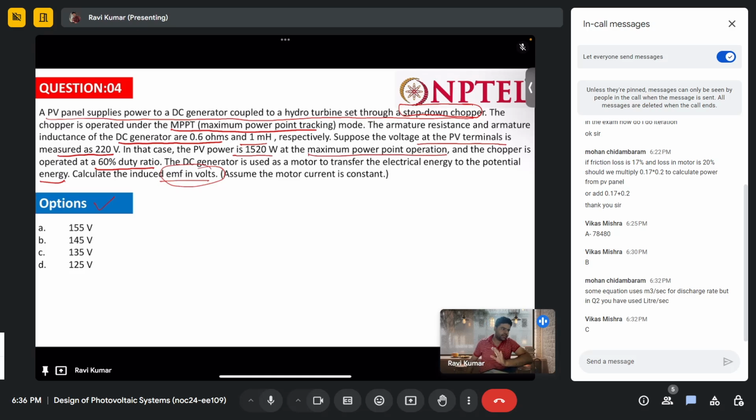So I am just making a diagram so you can understand better. This is a PV system.